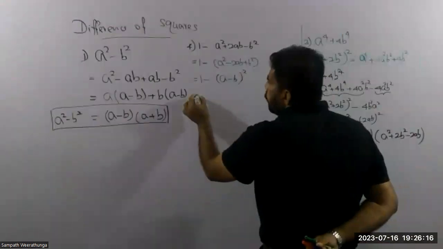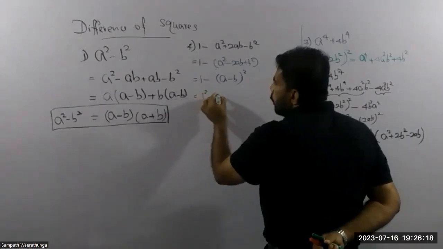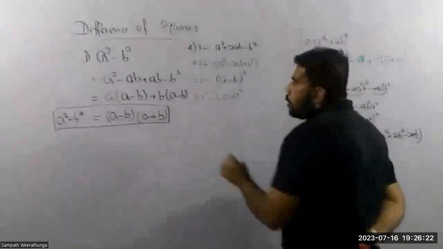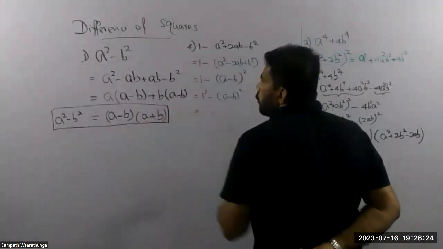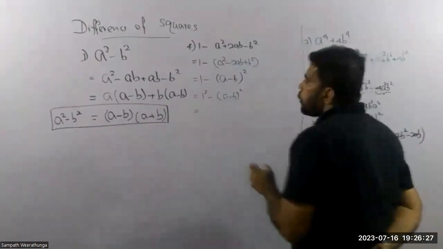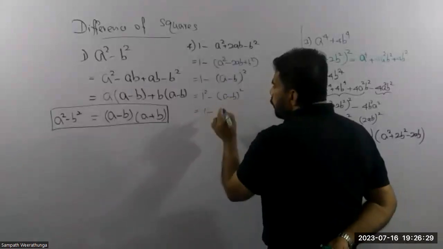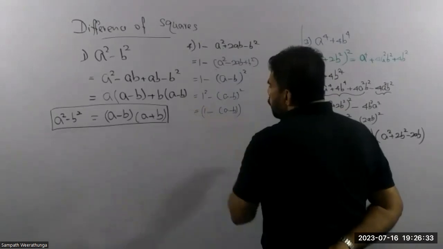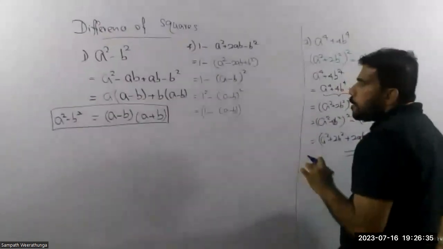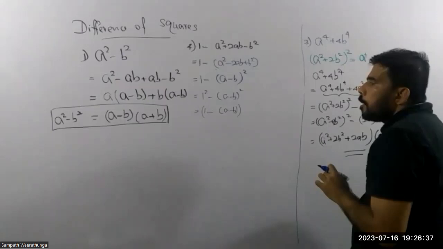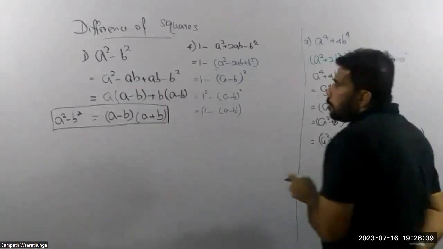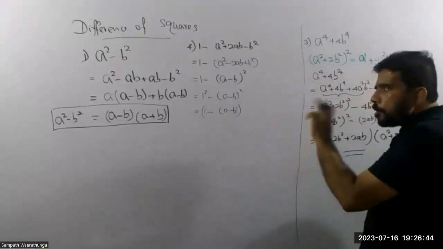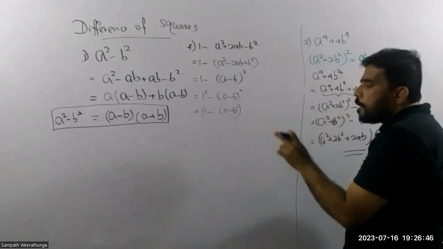Then what I can do is I can write this here. This is like this form. Then directly the difference of squares theory: 1 minus the whole thing, a minus b. Why am I writing this bracket again? Otherwise, you will make a mistake in this expansion. Now I'm going to give you the theory and I'll train you.